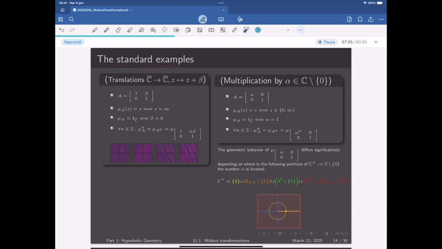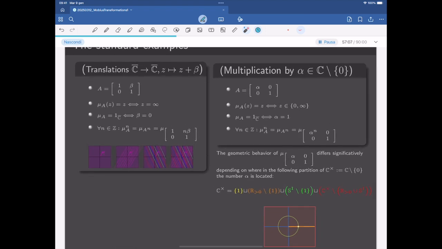The first standard examples are the translations that by definition fix infinity. So I take a translation of the complex plane by a non-zero complex number. I decide that infinity is fixed because otherwise I lose bijectivity, so I have no option.